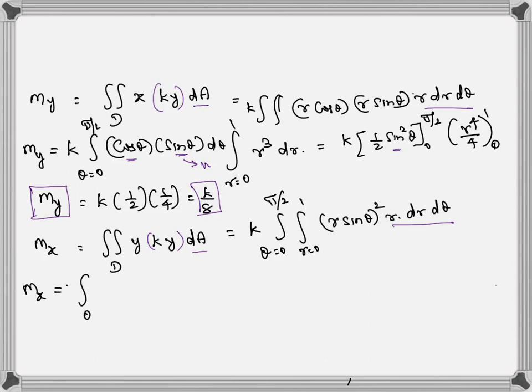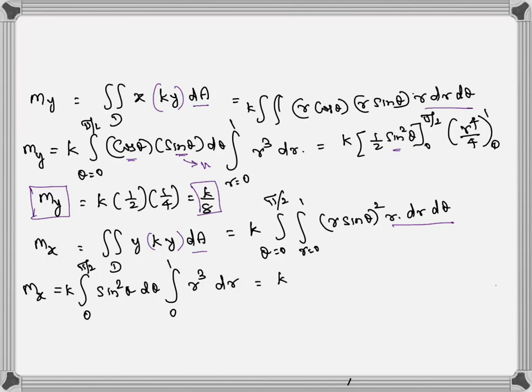So M sub x is k times the integral from 0 through pi by 2 of sine squared theta d theta times the integral from 0 through 1 of r cubed dr. This is again a separable function, so we are able to split the theta and r integrals separately.